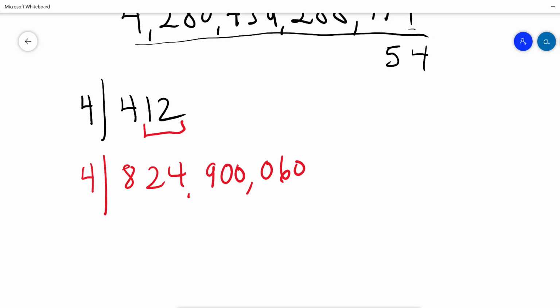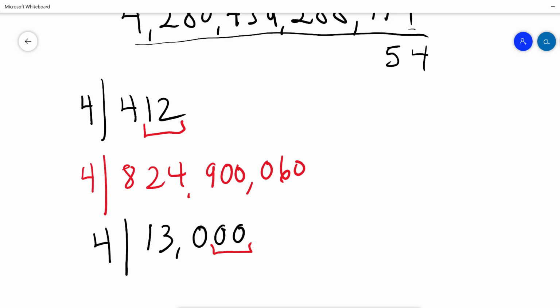One thing that people sometimes are confused with 4 is, what if there are 2 zeros at the end? Yes, 4 divides into 0. You can't divide a number by 0, of course, but you can divide a 0 by any number.